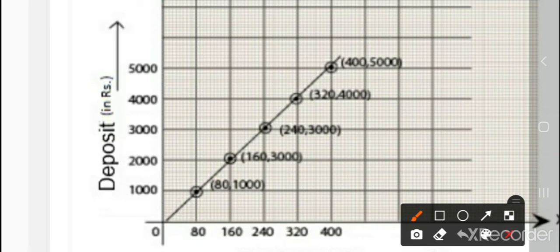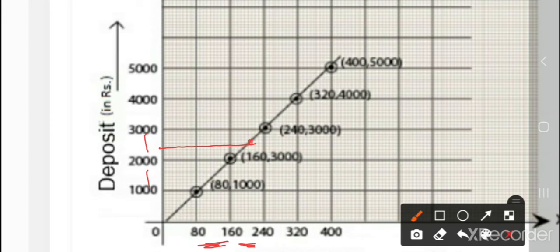Each unit is 1000 rupees, so 2500 means it will be here, the center point. Here each gap is 80, so each unit is 80.